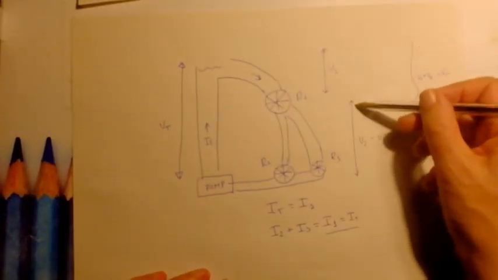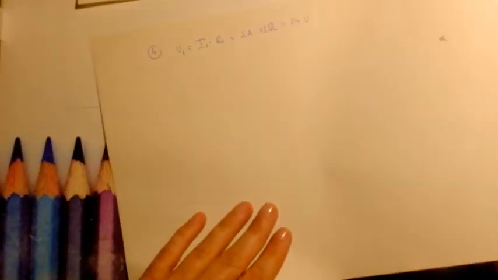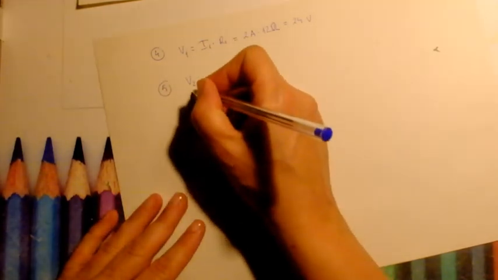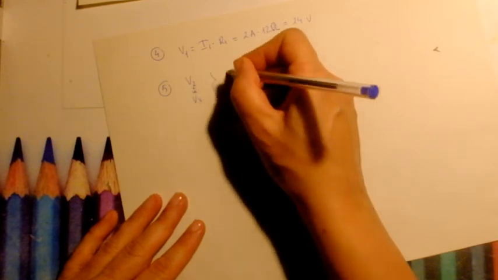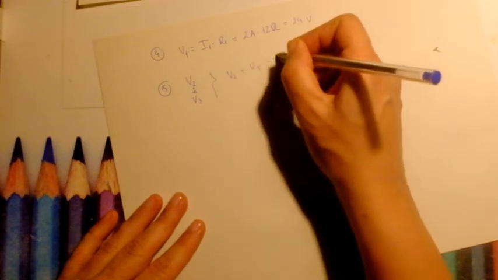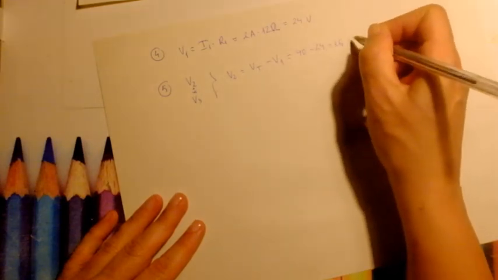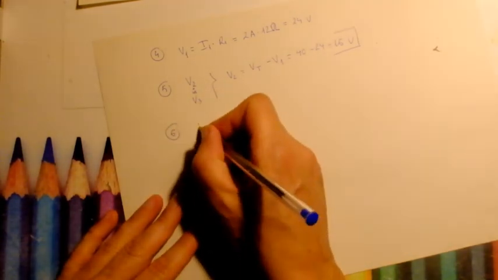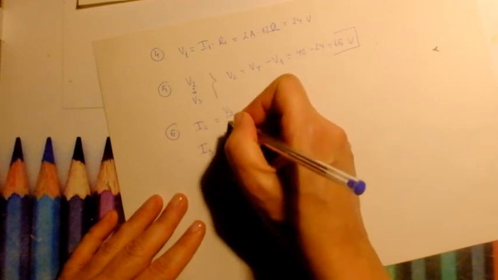And you remember, voltage 1 and voltage 2 gives us the total voltage. So in the next step we simply calculate voltage 2 or voltage 3: total voltage minus voltage 1, 16 volts. Perfect.